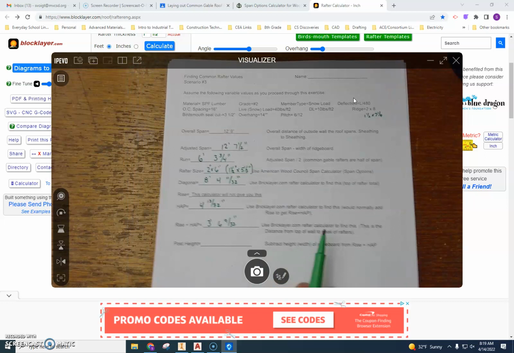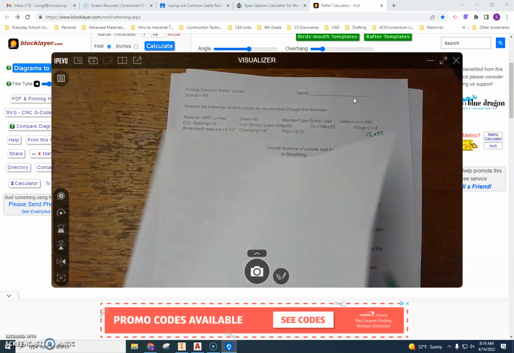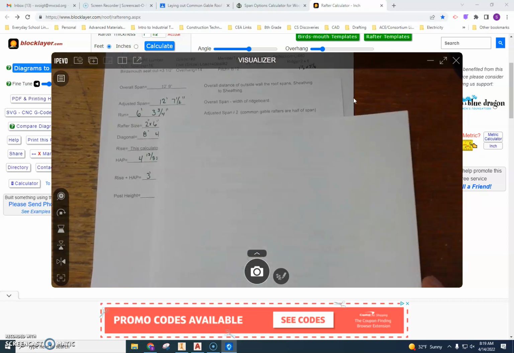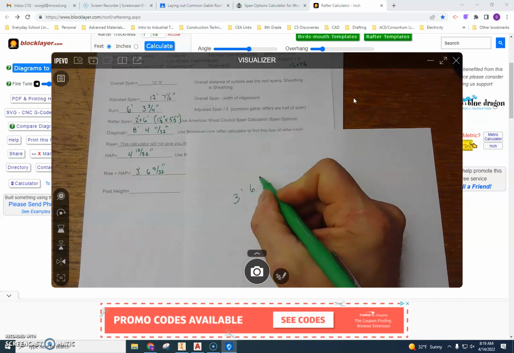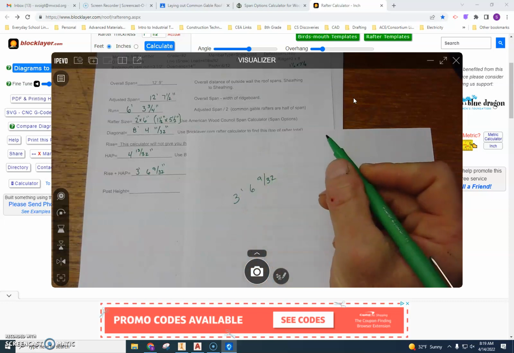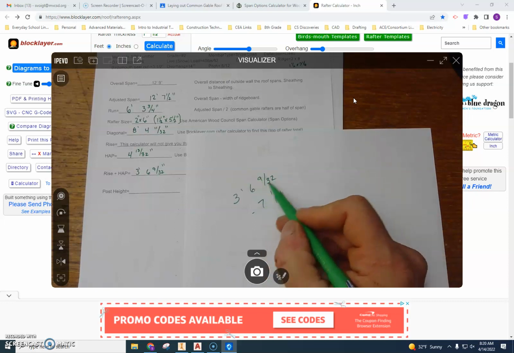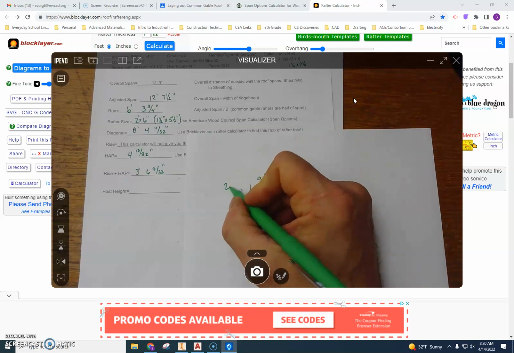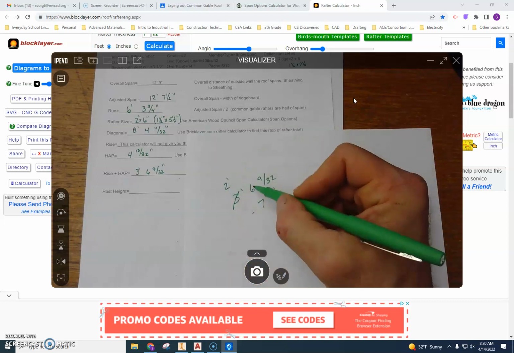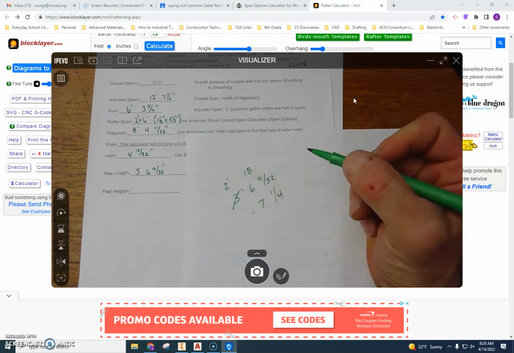Okay, now this is where I think people struggle sometimes. I'm not exactly sure why it's quite as hard as it is for people. So if I have 3 feet 6 and 9/32, and I got to subtract 7.25, obviously this is bigger than this, so just like any other math, how many inches are in a foot? 12. 12 plus 6 is 18 inches, right?